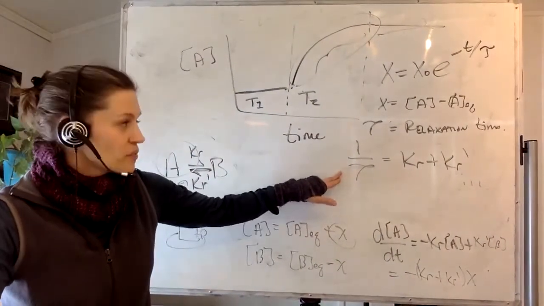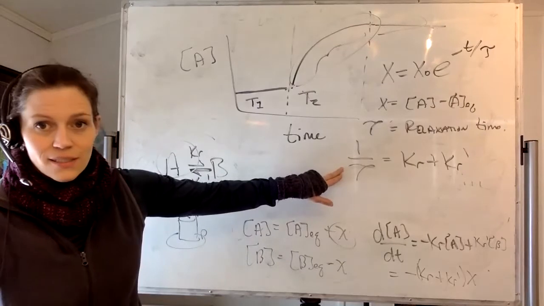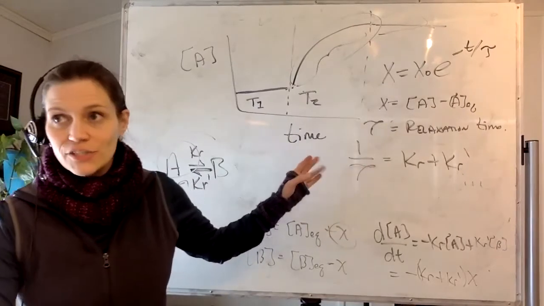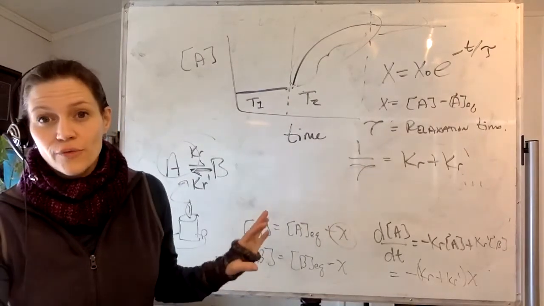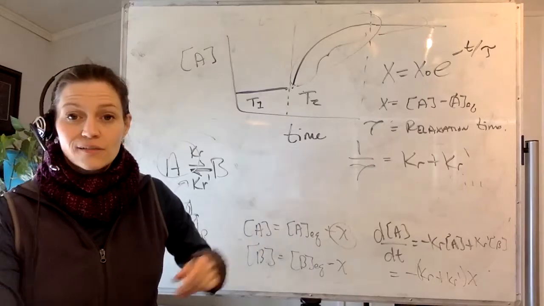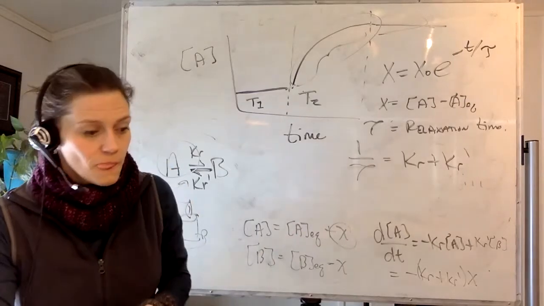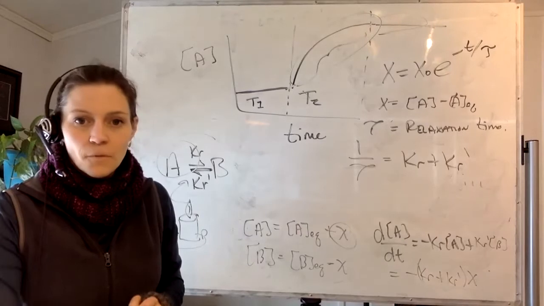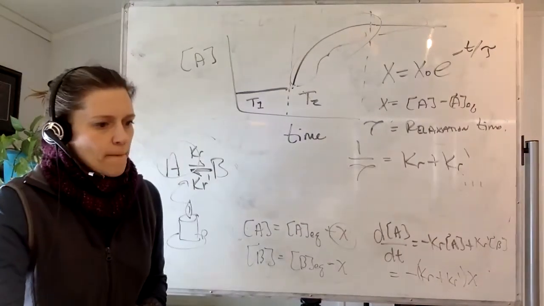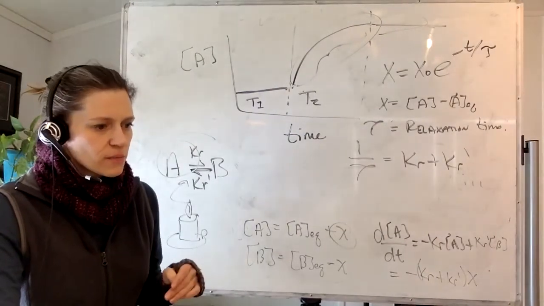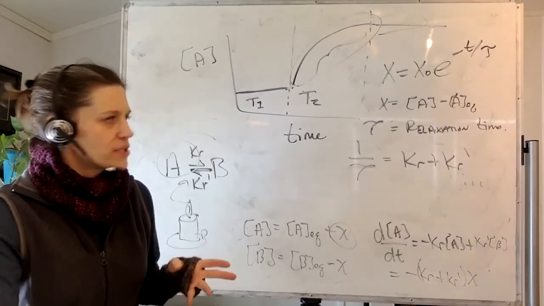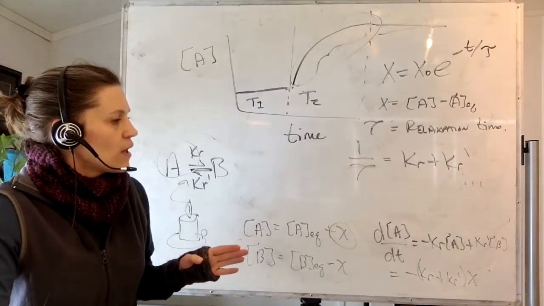This isn't always true, but the rate constant is related to the relaxation time. And typically you just take 1 over the relaxation time to get the rate constant. That would be the effective rate constant. Cool. Okay, I think that's all I want to talk about with relaxation times and relaxation.